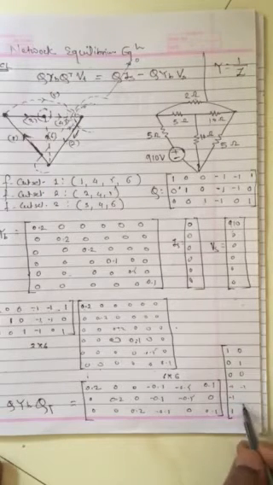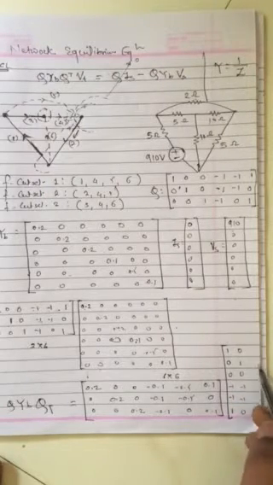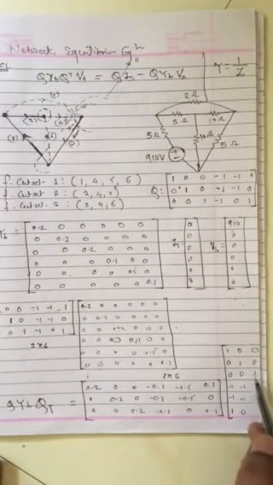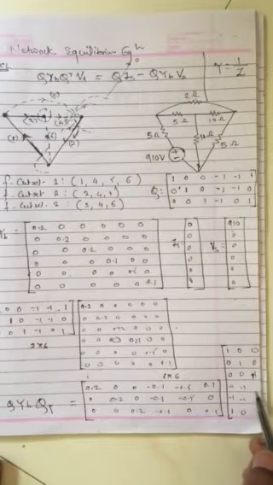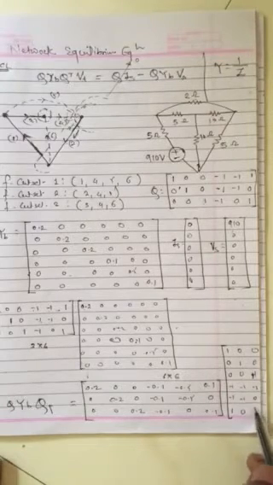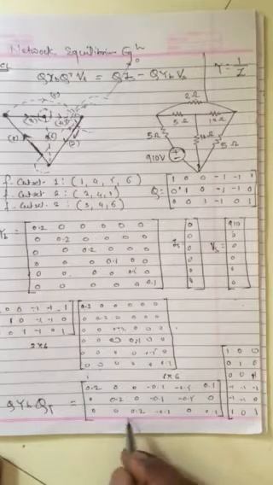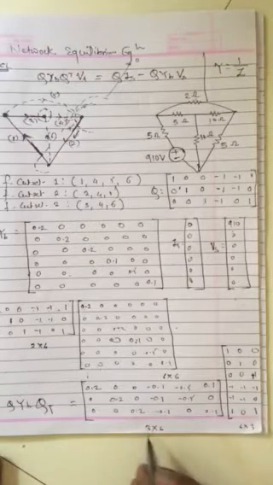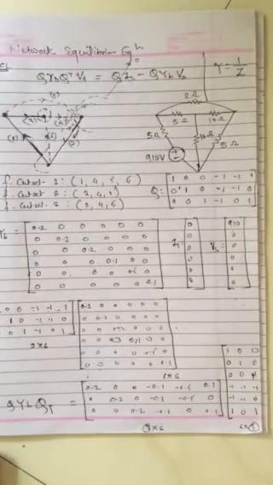Second row as second column: 0 1 0 minus 1 minus 1 0. Third row, third column: 0 0 1, and this is plus 1, 1 minus 1 0 1. Now this is a 3 by 6 matrix and this is a 6 by 3 matrix, so I will get a 3 by 3 matrix as output.